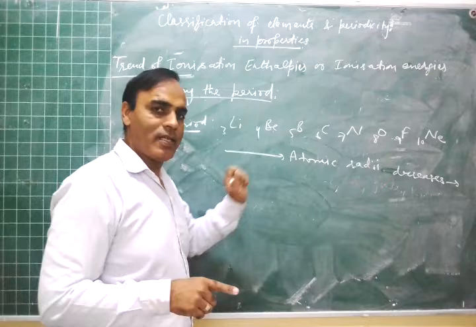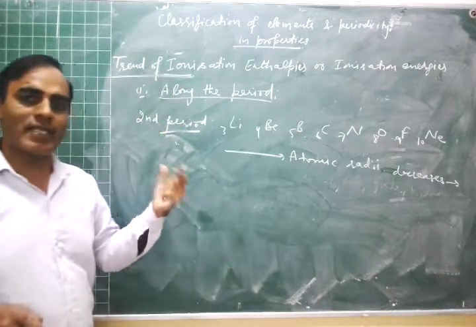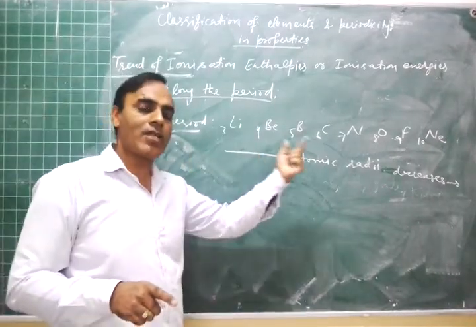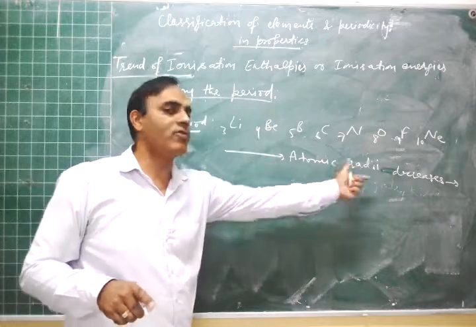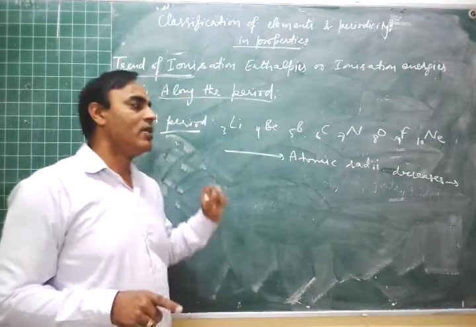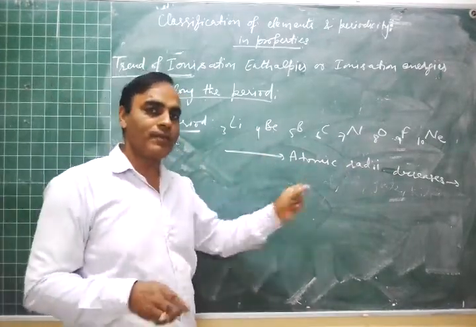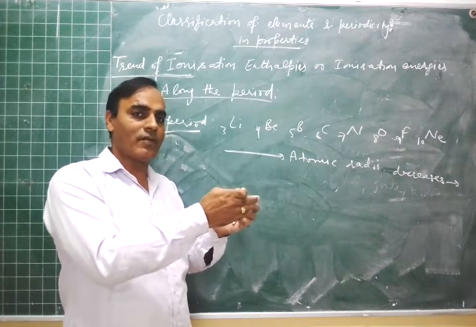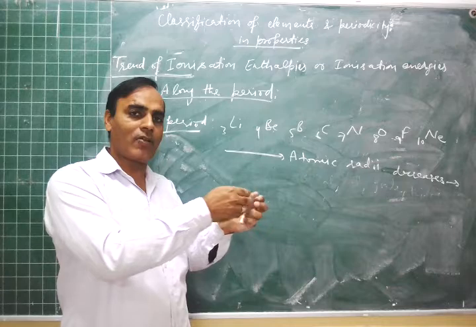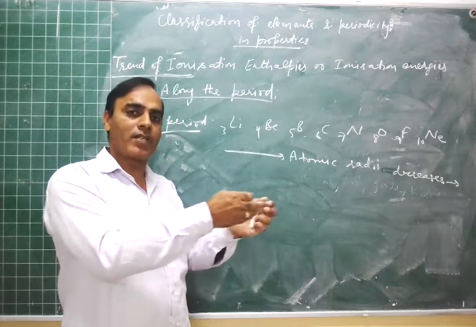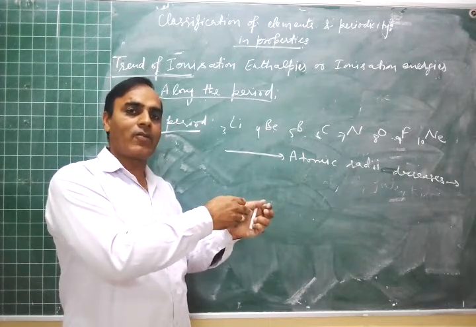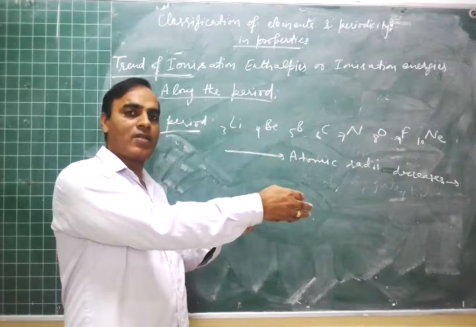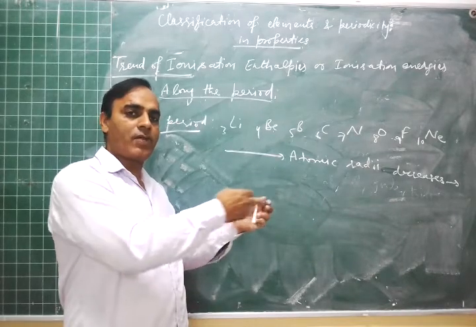Now atomic radii decreases, so the distance between nucleus and the last shell electrons decreases as we move along the period. Distance decreases means there will be more force of attraction. Suppose nucleus and electrons are closer, then there will be more force of attraction between them. If nucleus and electrons are far away from each other, then there will be less force of attraction.